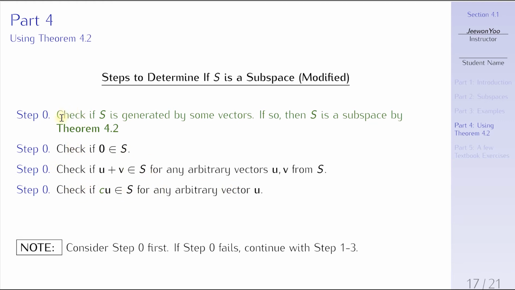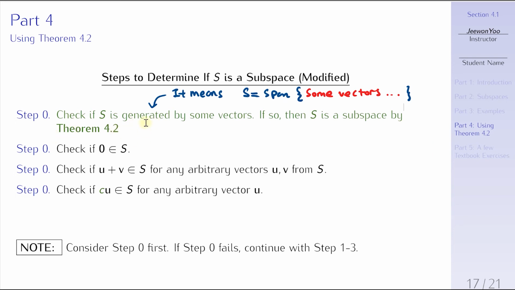So step 0 will be: check if a set is generated by some vectors. Generated means, everyone, if the set S is generated by some vectors, in other words, the span of some vectors, then right away S is a subspace by theorem 4.2. Then you don't have to do further work.